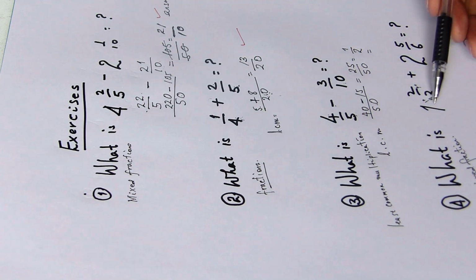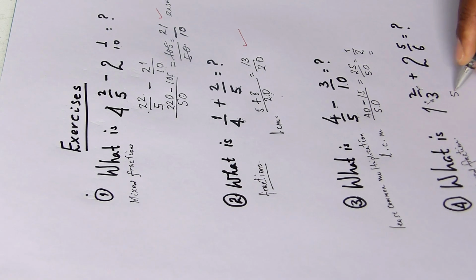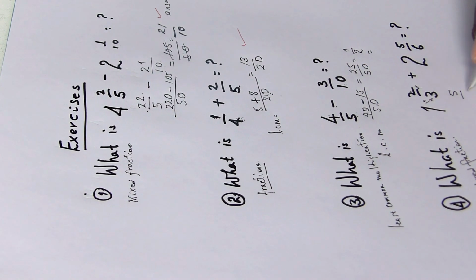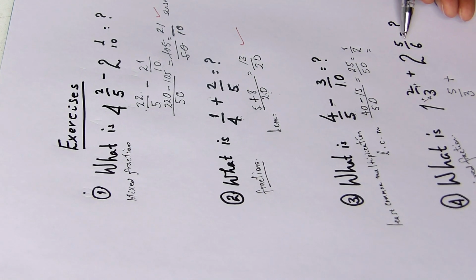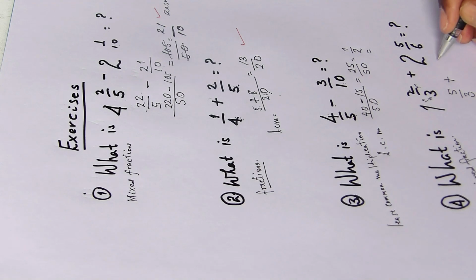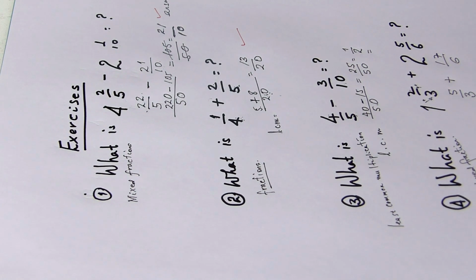That's the step. 3 times 1 is 3, plus 2 is 5. 5 over the denominator, which is 6. 2 times 6 is 12. 12 plus 5 is 17 over 6.